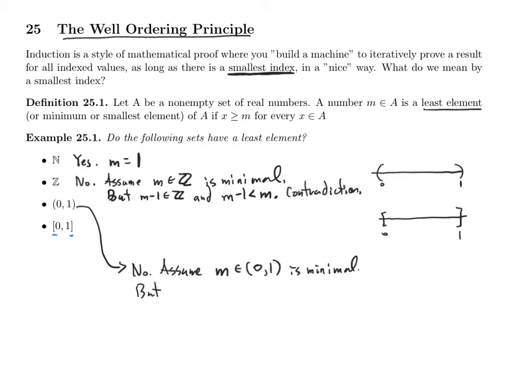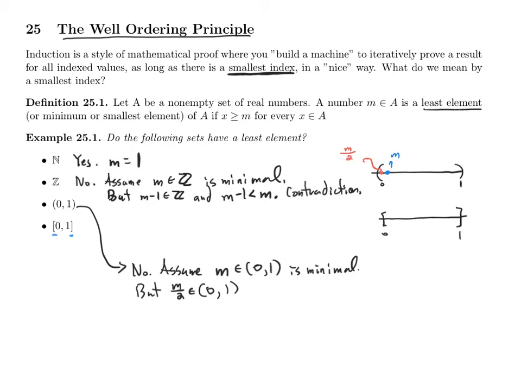But we can divide by 2. So m over 2 is still in the interval from 0 to 1. If you have some point in here, no matter how close to 0 you get, you can always take half the distance. If this is m, then m over 2 is half the distance from 0.